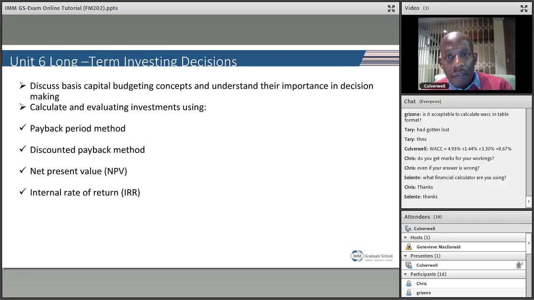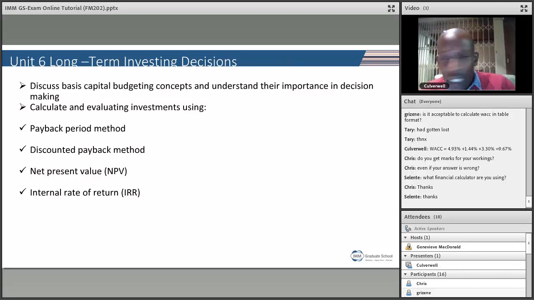So let's just have a quick overview of what we refer to as capital budgeting techniques. In short, we want to make a decision. Remember, companies are always limited when it comes to financial resources. Not only financial resources, but resources are always scarce to companies that are profit motivated.